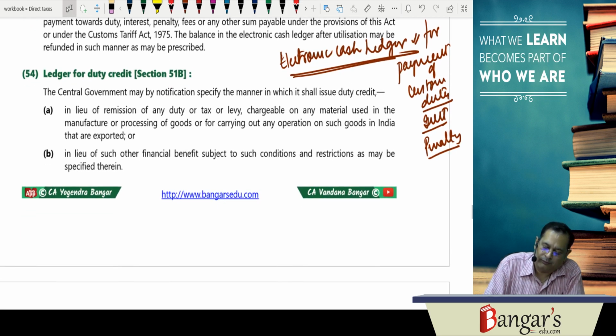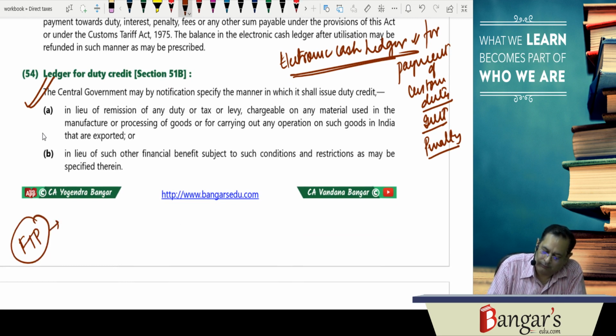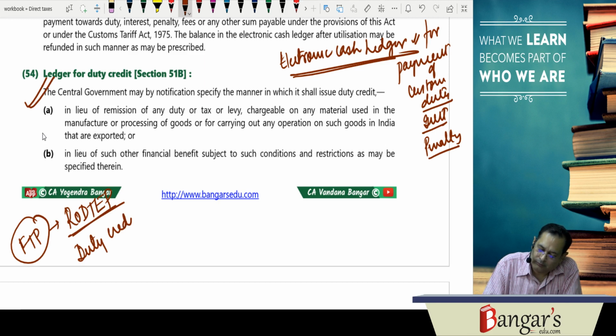Besides this, we have the ledger for duty credit. So, in foreign trade policy, we have the Remission of Duties and Taxes on Exported Products scheme, where we get duty credit scrips.